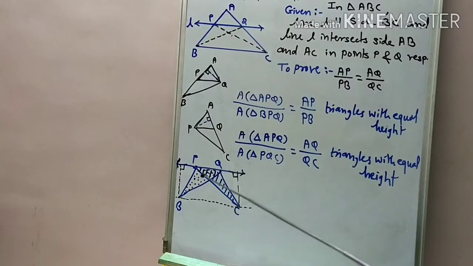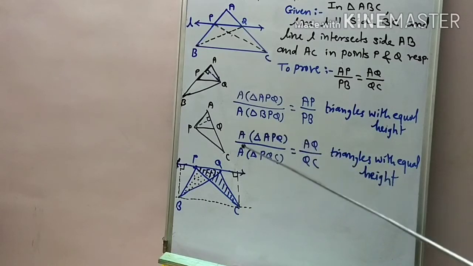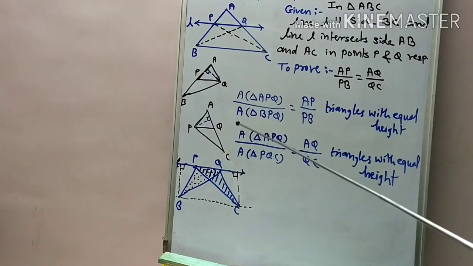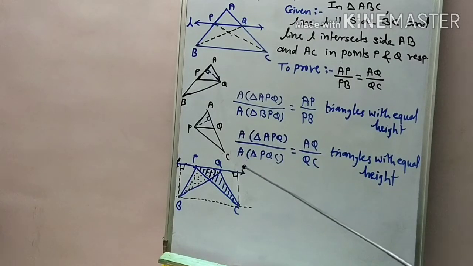Because as you notice here, students, here we have triangle BPQ, the denominator part of the first, and here we have triangle PQC, the denominator part of the second, and we say that both triangles have equal area.